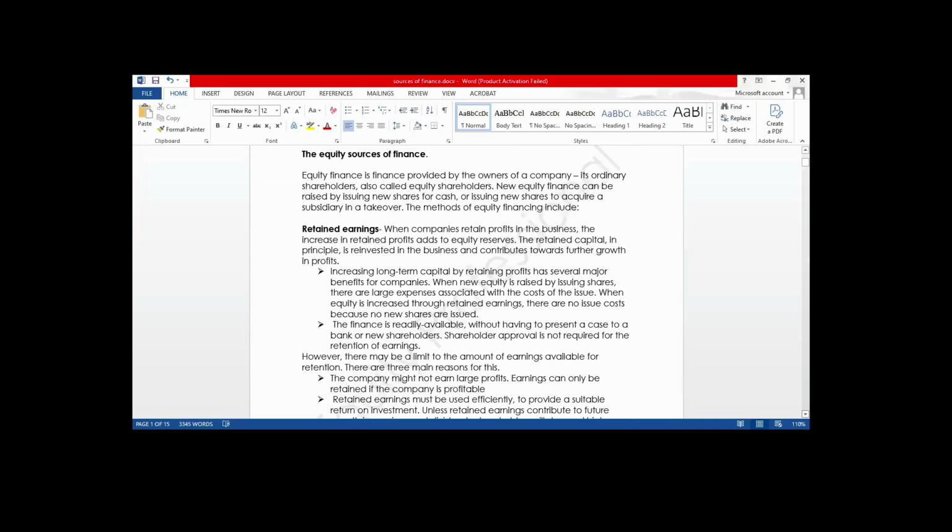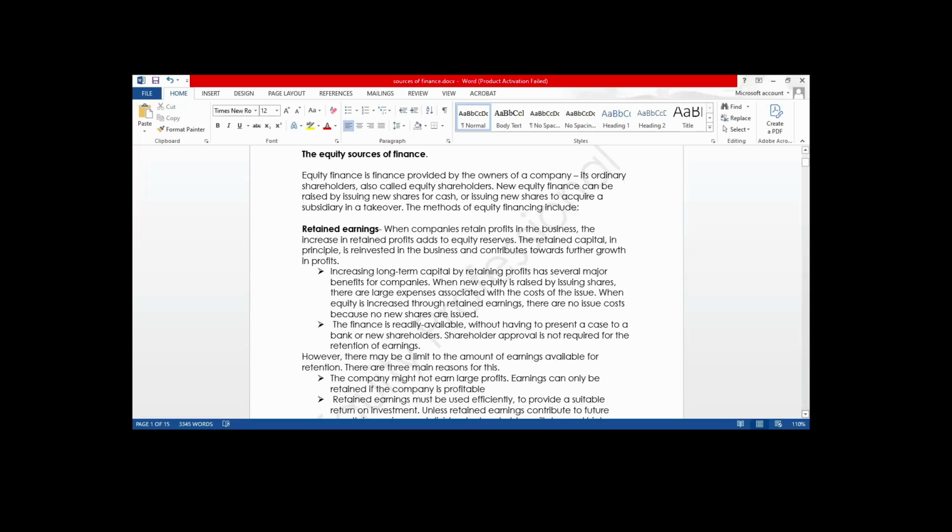Under the equity financing sources, we have retained earnings. What is retained earnings?